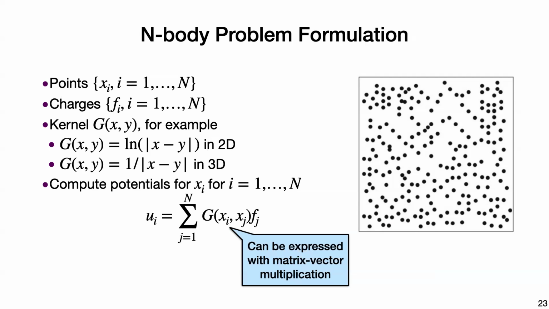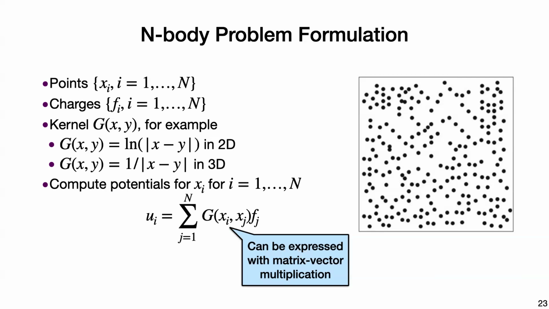In 3D, it's 1 over the distance between x and y. Basically, what we're trying to compute are the potentials, represented by u sub i for i from 1 up to n. You sum them up, using this function g of x of i and x of j, times the charge f of x of j. So this is the interaction from j onto i, and you sum it up over all j.